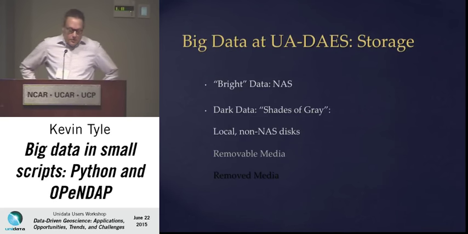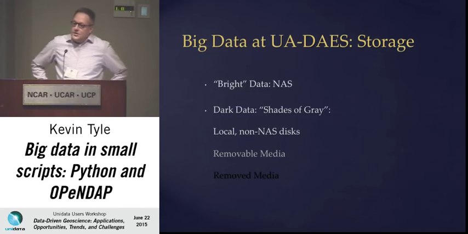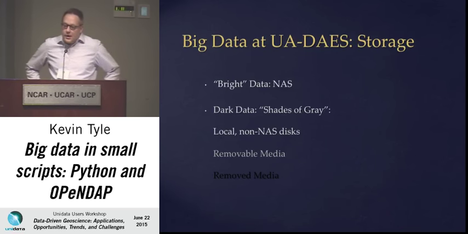We can think of it almost in terms of colors, where we go from bright data that's very easily accessible. Anyone in my department can access, say, today's GFS run very quickly. And then we start getting into progressively less accessible, or what we'll call darker, data.